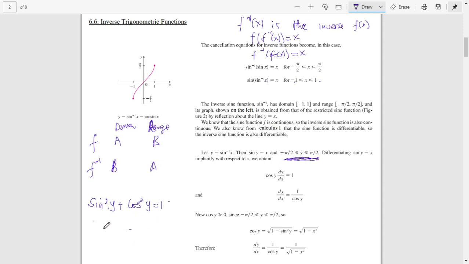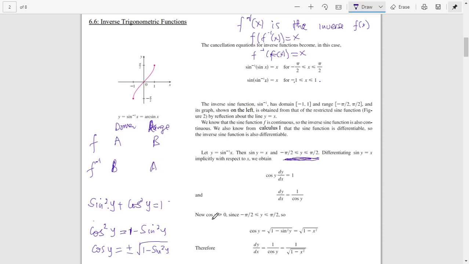If that is the case, cosine squared of y is equal to 1 minus sine squared of y. And if we take the square root, cosine of y is equal to plus or minus the square root of 1 minus sine squared of y.